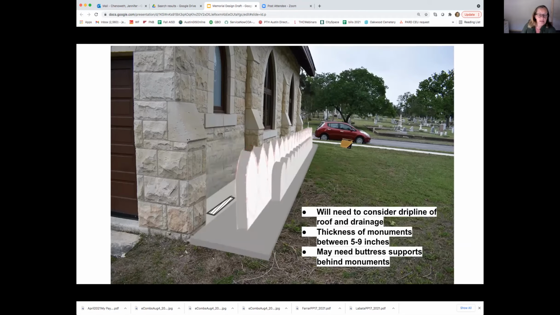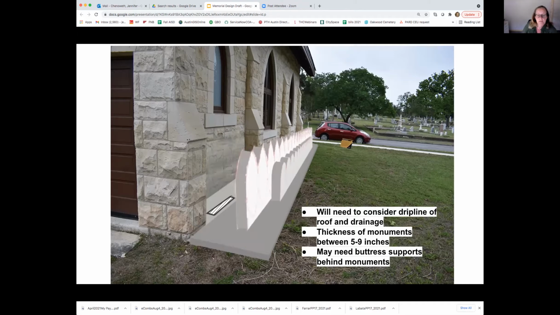And if we are excavating, we would need to consider the drip line of the roof and where it falls in relationship to the monuments, because they would have more environmental staining from the water runoff if they aren't kind of out in front of the roof a little bit. But if they are, you're going to need some drainage for rainwater.